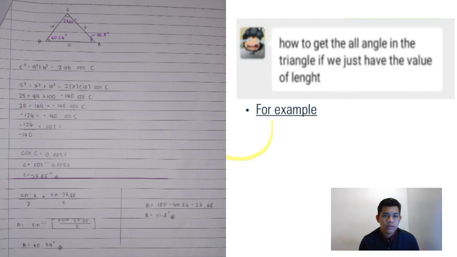For example, sin A over A equals sin C over C, and we key in all the numbers and we get 40.54 for the angle of A. Lastly, we want to search for the angle of B, and we use the fact that the angles of a triangle sum to 180, so 180 minus angle A and minus angle C, and we get the angle of B is 112.8.